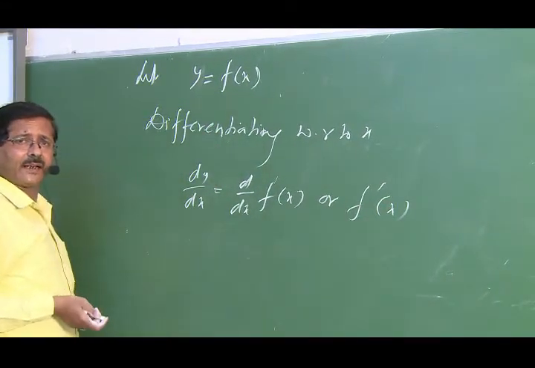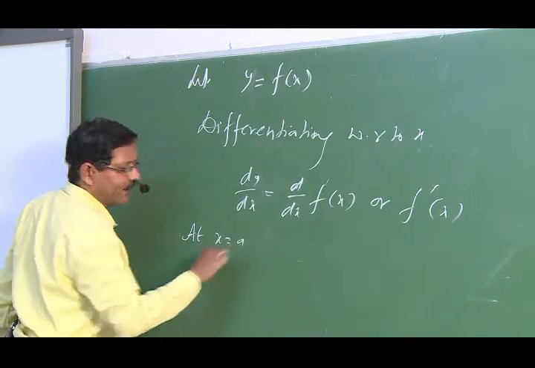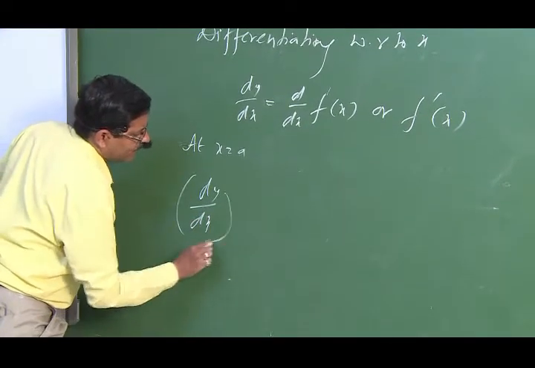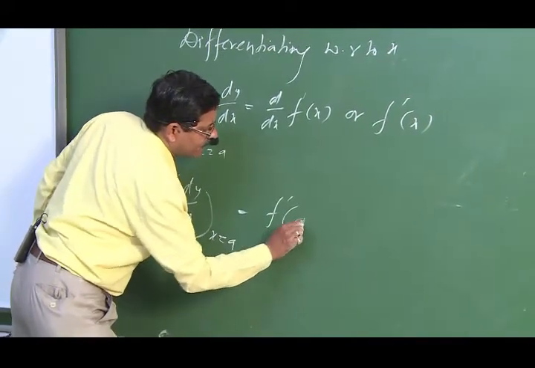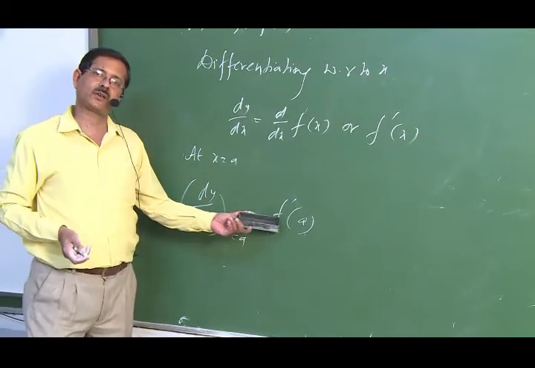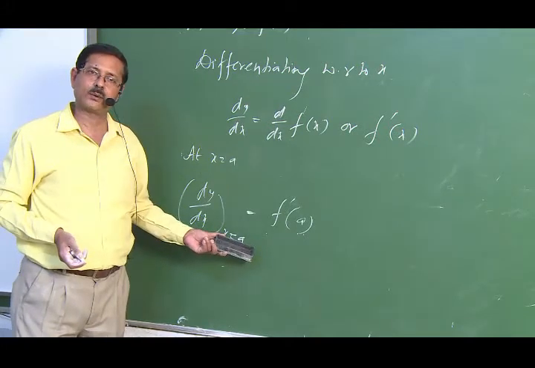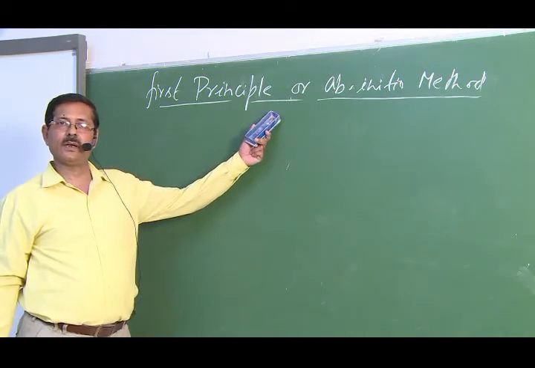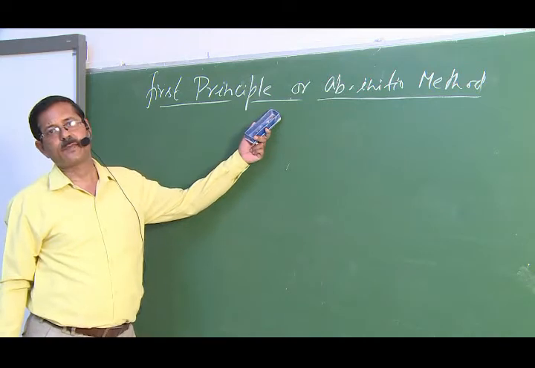Now, if you have to find the value of this derivative at point x = a, then we say that dy/dx at x = a is equal to f'(a). f'(a) is called the differential coefficient of f(x) with respect to x at point x = a. Okay. First principle or ab initio method of finding the differential coefficient of f(x) with respect to x.